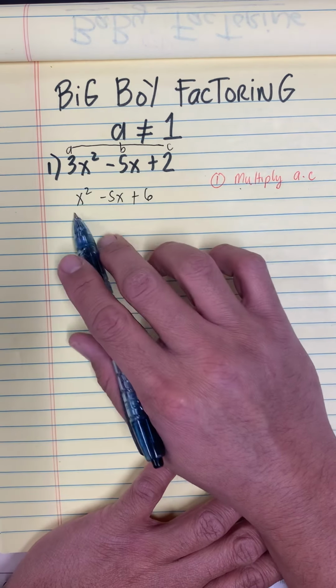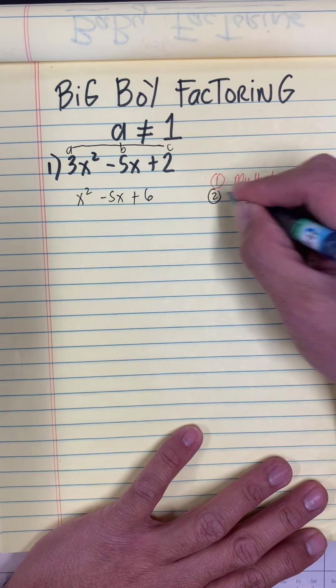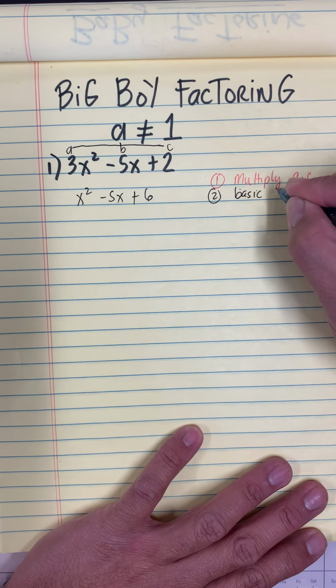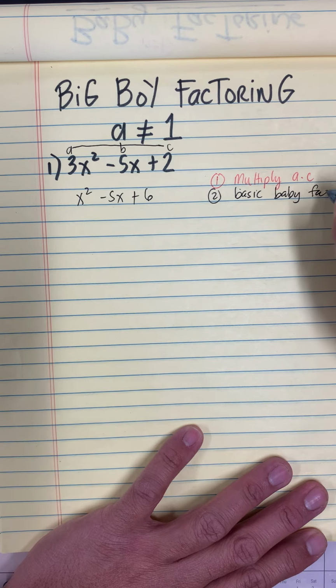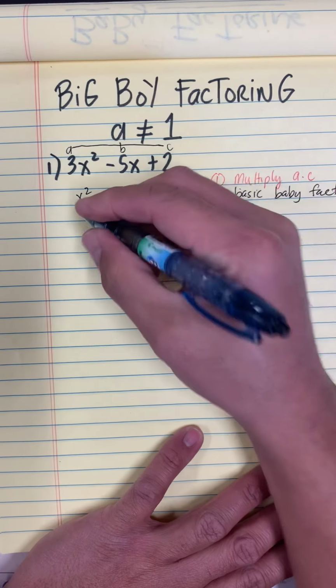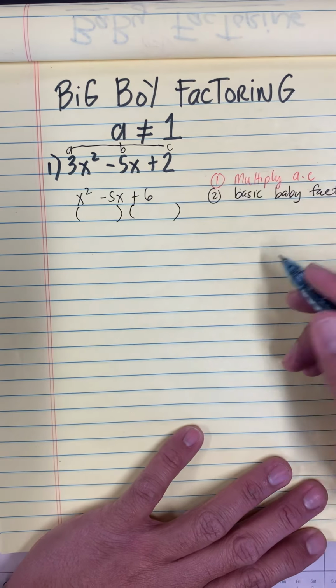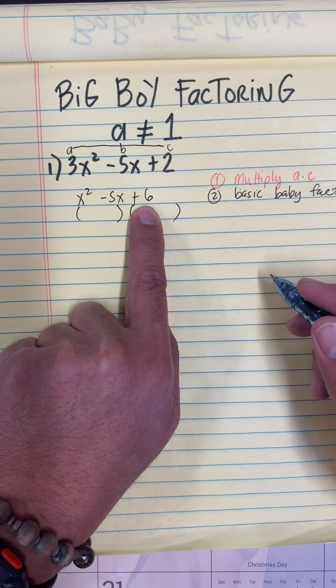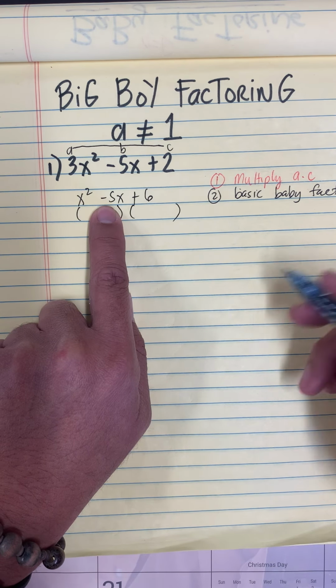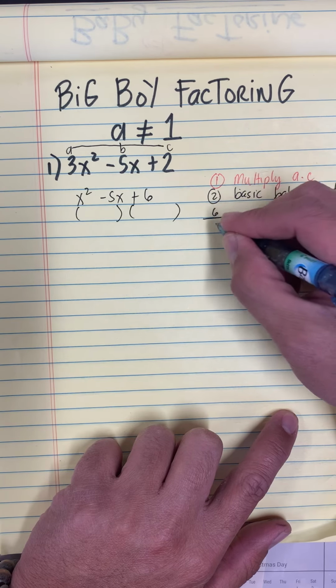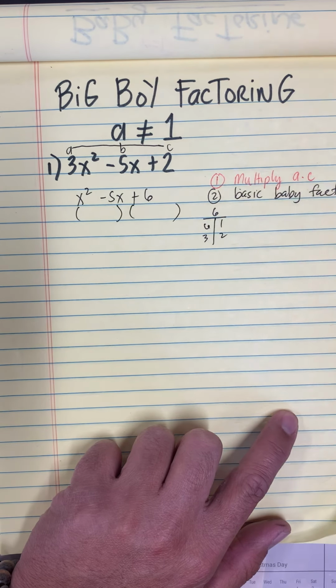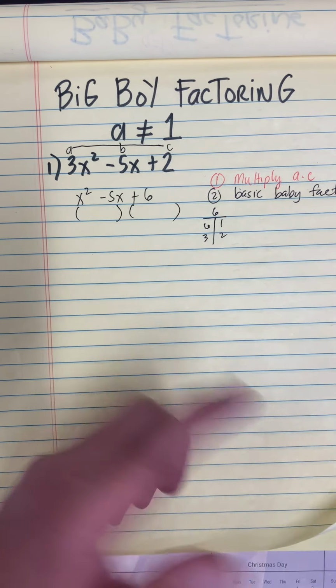So here's what you do. After that, you factor it, basic or the baby factoring here. So what two numbers, when you multiply them, give you a 6, and when you add them, give you negative 5? The factors of 6 are 6 and 1, 3 and 2. Which one most likely will give you a negative 5?